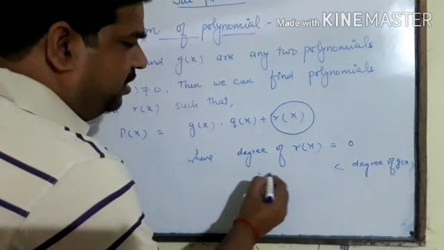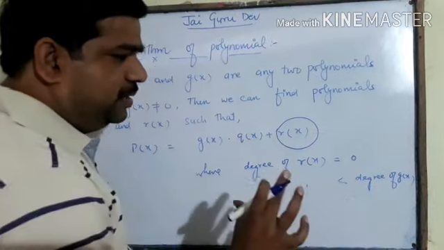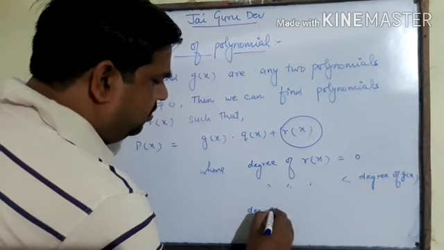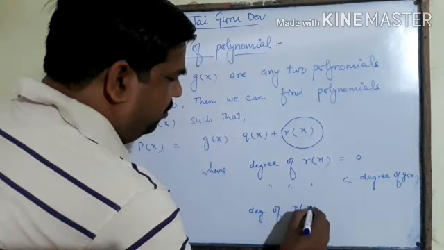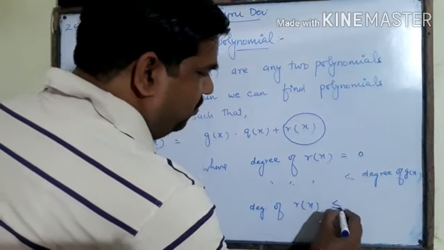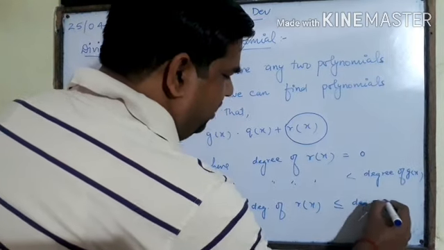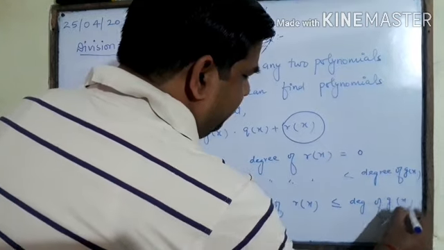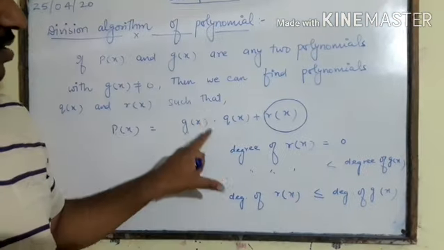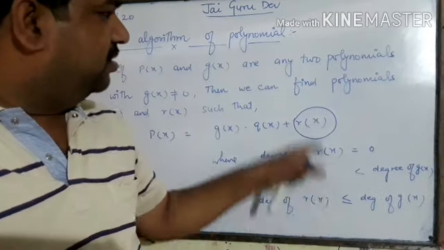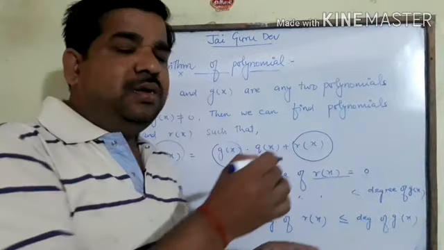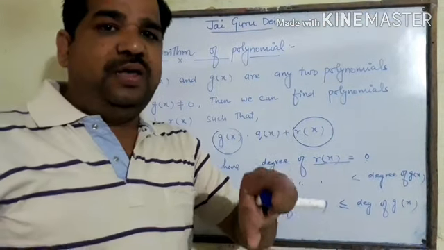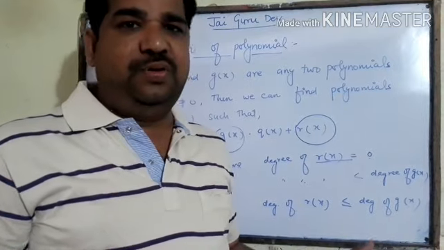Combining these, the degree of r(x) is less than the degree of g(x). This expression is very important. This division algorithm is used to find the remainder whenever we divide one polynomial by another polynomial.